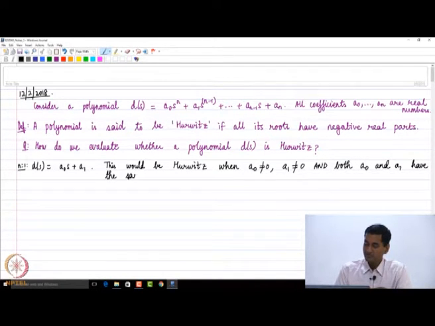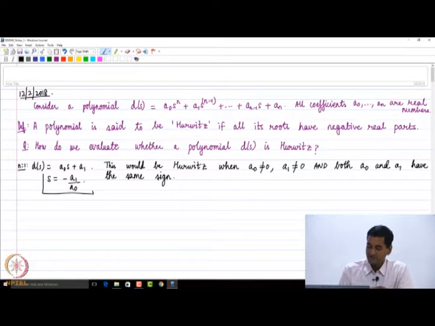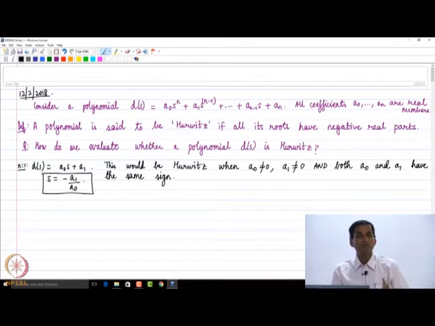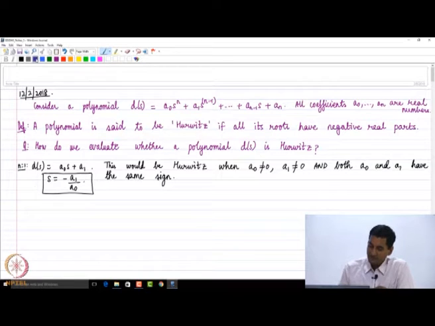They can both be positive or both be negative. In this case it's pretty simple because the root is just minus a1 by a naught. That's the root of this first order polynomial, so the answer is pretty straightforward. If I want this real root to be negative, then I want both real numbers to be of the same sign. So that's for n equals 1.